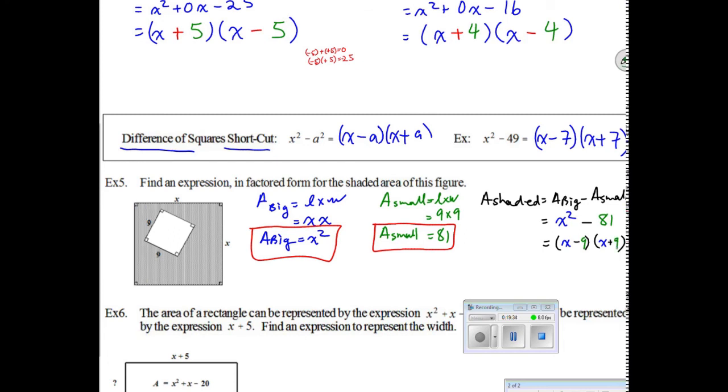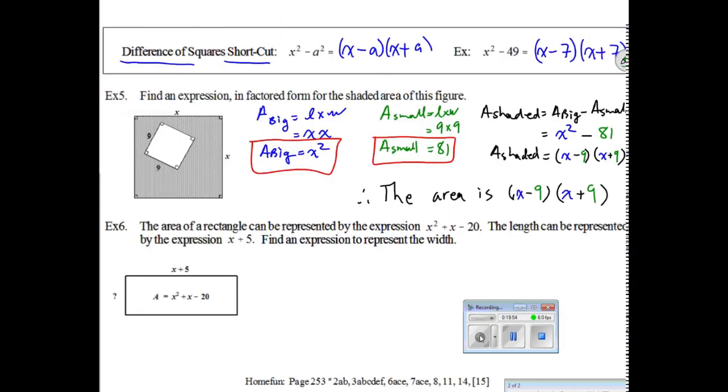So that is the area of the shaded region in factored form. Make sure you highlight it so that if I ever look for your final answer, I can read it, right? If not, just write a sentence. So you'd say the area is x minus 9 times x plus 9. And we move on. Let's move on to the next problem here.